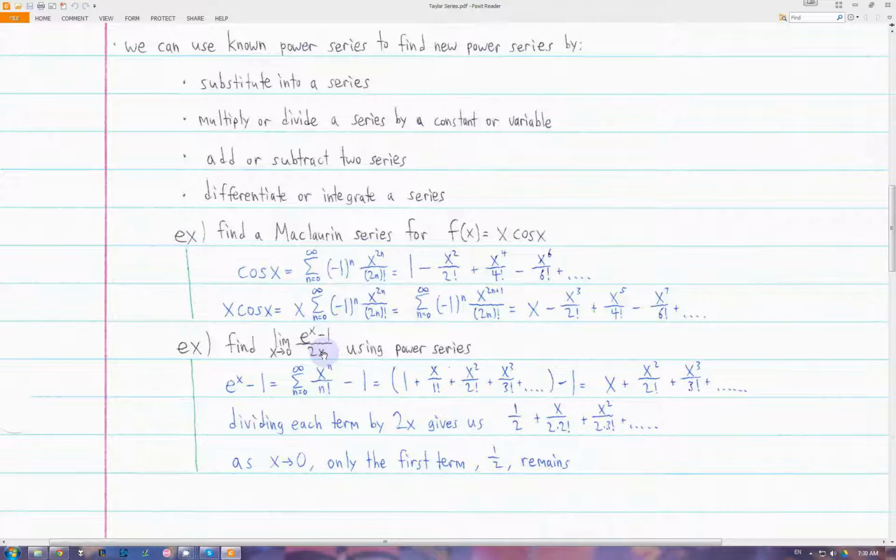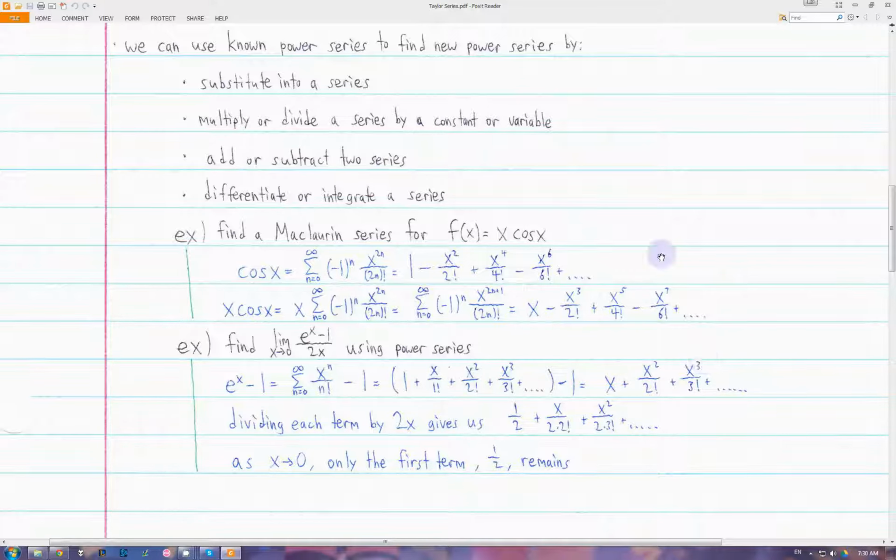So first, we take e to the x minus 1, and replace e to the x with its Maclaurin series, which is this. So when you subtract 1 from this Maclaurin series, you just delete this initial 1 term, and you have the rest of the series left over.